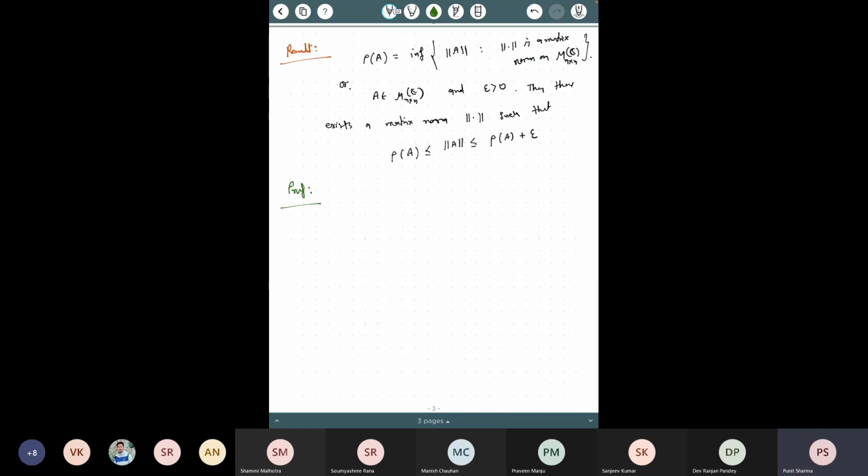Before I start the proof, let me recall one thing. I am assuming that you know this, but anyway, in the next class, I will state this result and give you a brief proof, or at least the idea of that result. It is Schur's lemma. I have already talked about this in 101 and also 104.